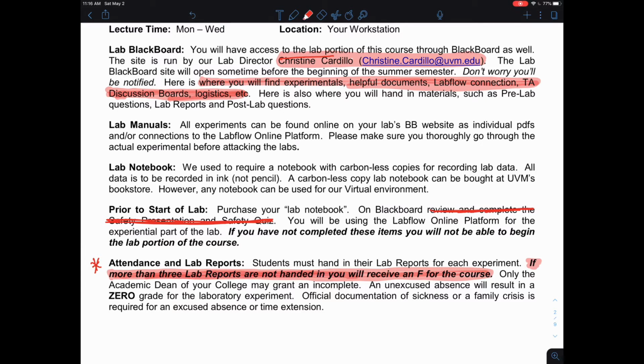So we're giving you some flexibility to hand in the lab reports. They still have to be handed in every Sunday, but you still have to be on pace with the actual lab class time. I'm sure your TAs, as well as Christine, our lab director, will help and expand on that notion once the Blackboard websites for the lab open up.